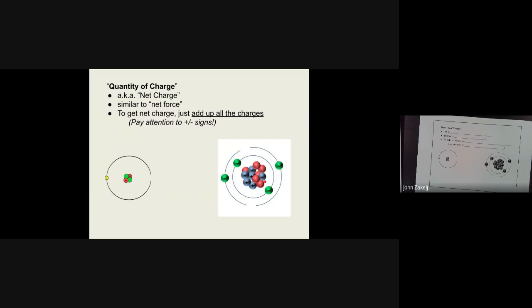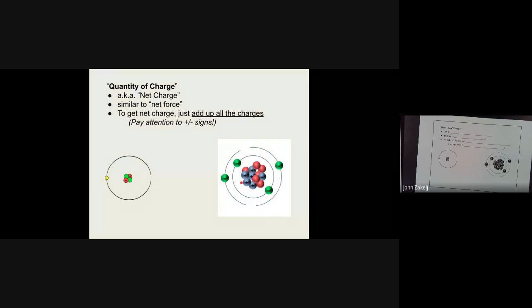Whereas this atom on the right has 1, 2, 3, 4, 5, 6 positives, a charge of +6 in the nucleus, and then a charge of -4 in the electrons. So +6 plus -4 gives us a net charge of +2 for this atom.